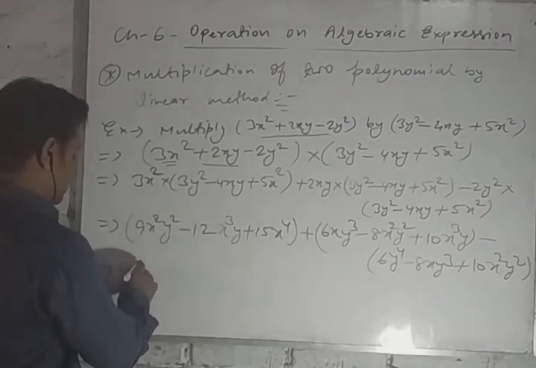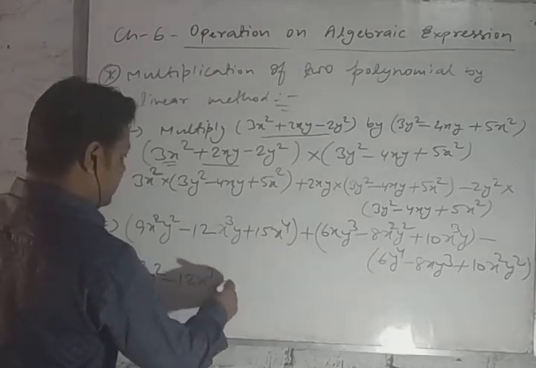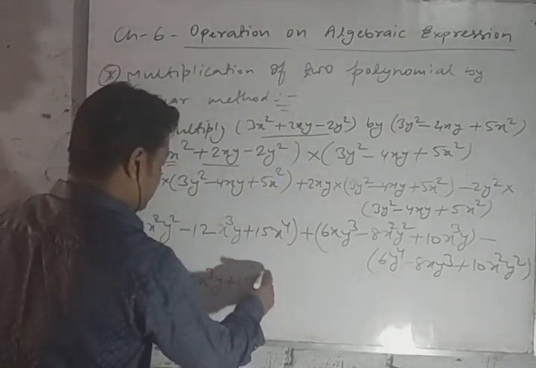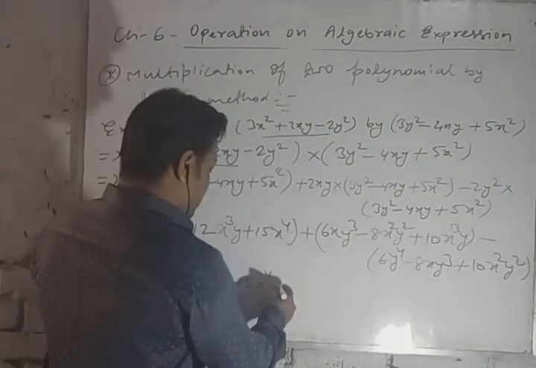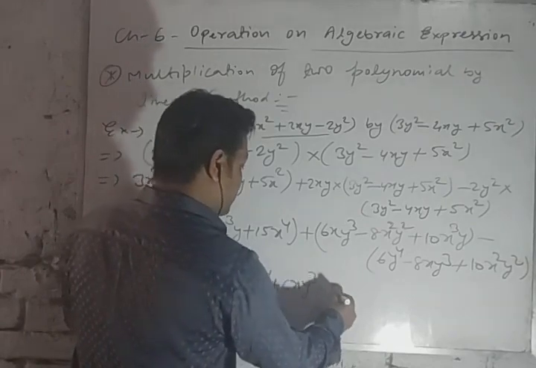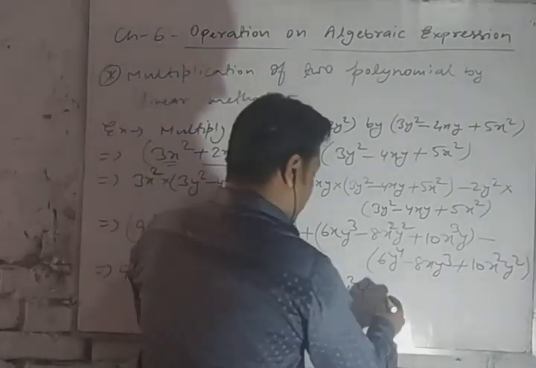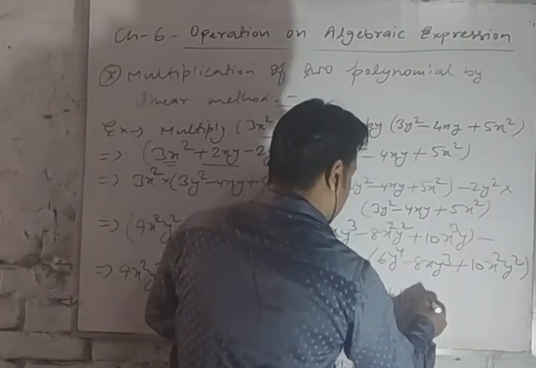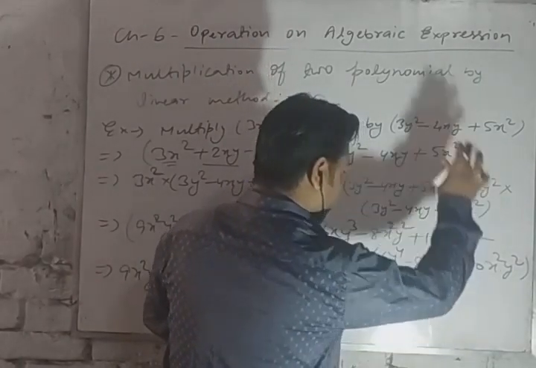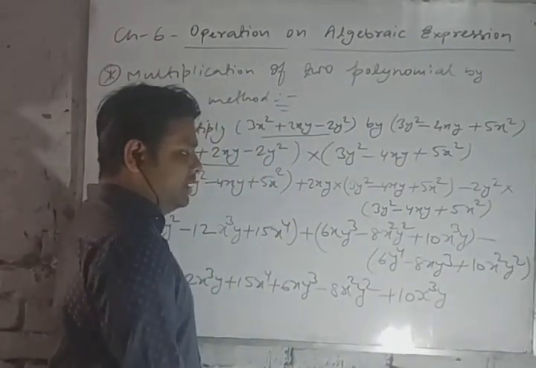So 9x square y square minus 12x cube y plus 15x to the power 4 plus 6xy cube minus 8x square y square plus 10x cube y. Now there is a minus sign, so all the signs of this expression will change.